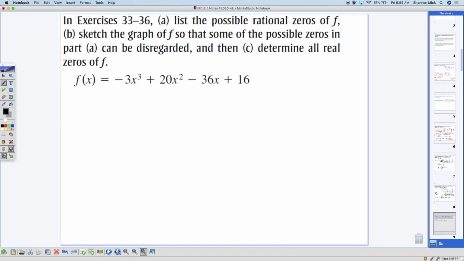That's B. A, it says... And disregard any, that doesn't matter. And then determine them all. Is this what we did? Yes. They just ABC'd it to make it look scary. You do that process every single time no matter what, right? So do not get freaked out about those directions.